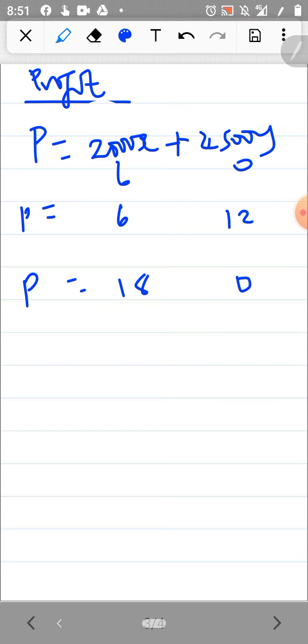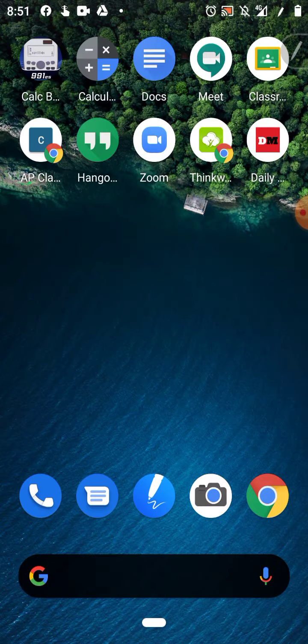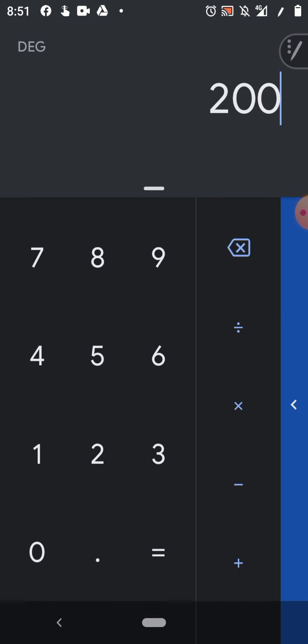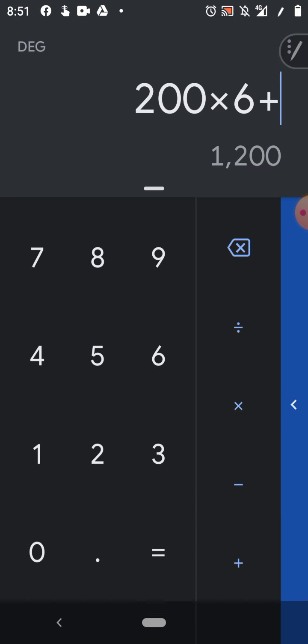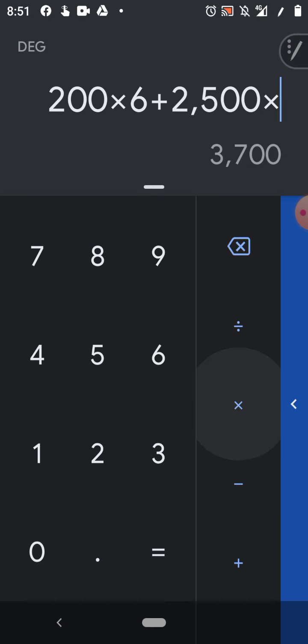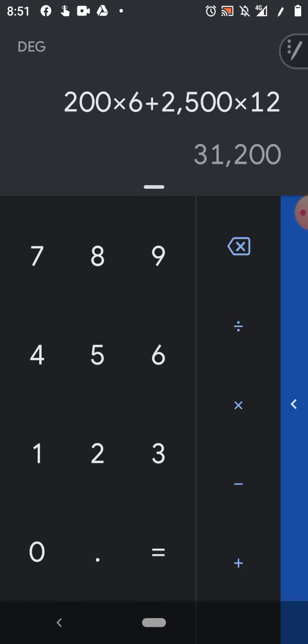So let's check those ones. 2000 times 6 plus 2500 times 12. That gives me 31,200. Oh, that's 2000. And if I check the other one, so this one gives her a profit of 42,000.